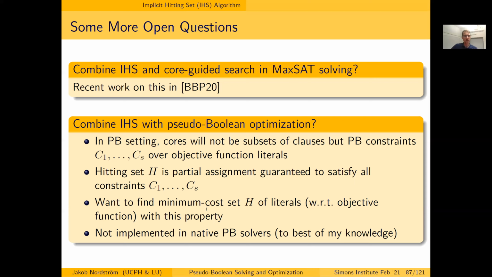To the best of my knowledge, this has not been implemented in a native pseudo-Boolean solver. I think it would be very interesting to do it, but that's a future research direction.